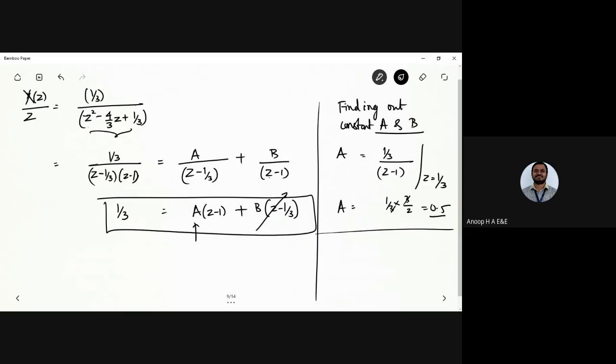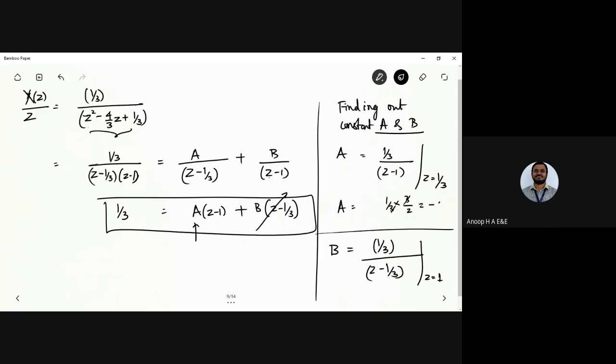Next, I need to find out b. So b would be equal to 1/3 divided by z minus 1 by 3, where z is equal to 1.